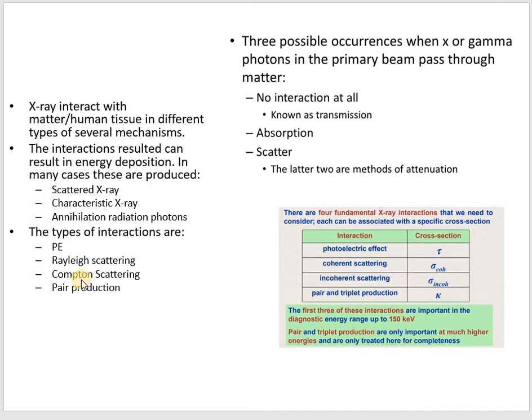And of course, the photons can be scattered when they interact near the nucleus of the atom or by interacting with one of the outer shell electrons. These two are known as attenuation. So photons can be attenuated via two methods, absorption and scattering.